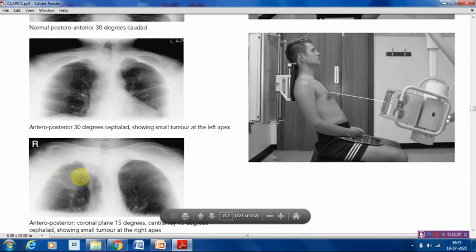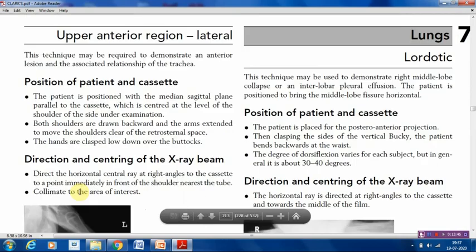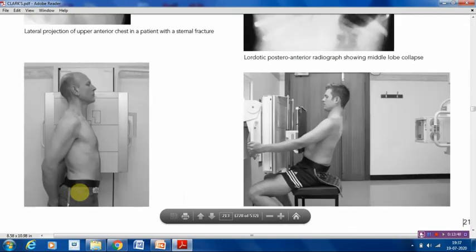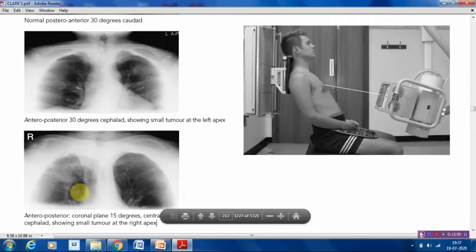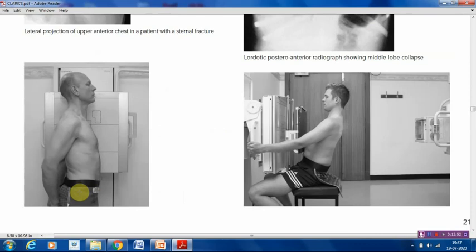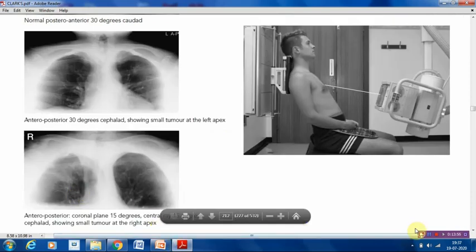You can see the lung shadow. This is purely a bubble kind of thing. Okay, so these are the two different views to see the apex of the lung on radiography.